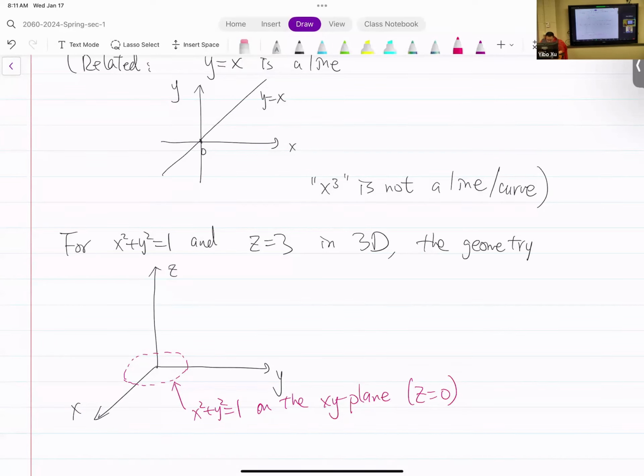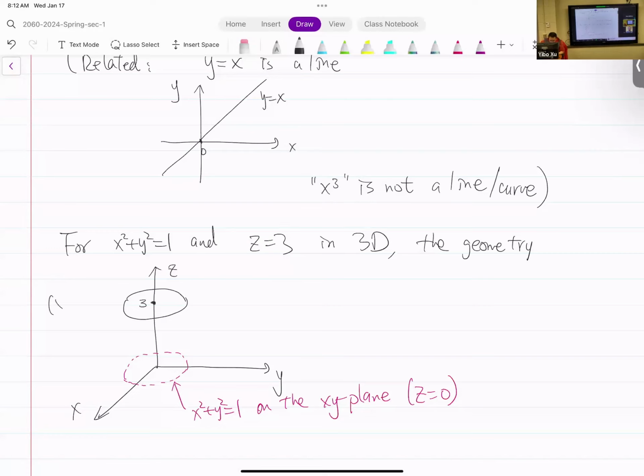But now we are saying we want to satisfy this x squared plus y squared equals 1, and at the same time z must be 3. So that means the z coordinate is now 3 everywhere. So basically you have a circle that's right above this red dashed circle. And the z coordinate is exactly 3 right here.